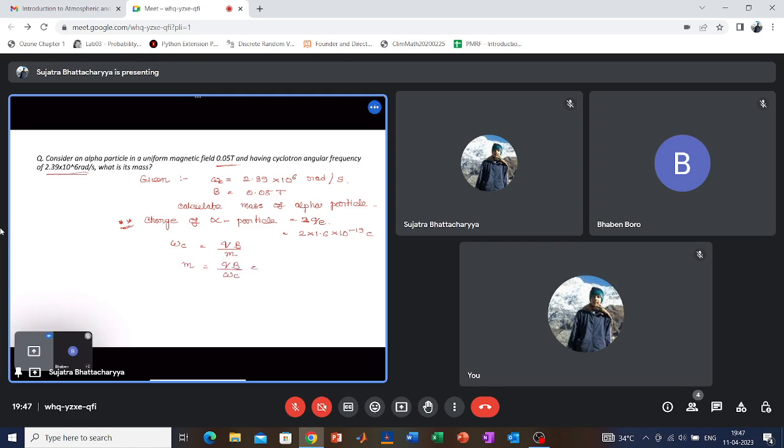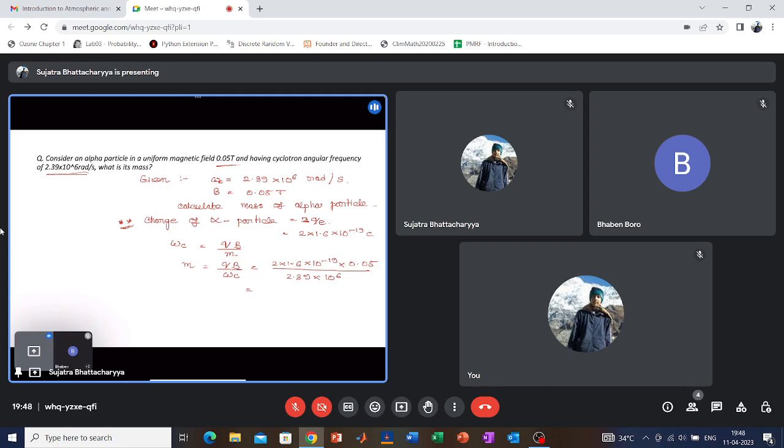So what is Q? 2 into 1.6 into 10 to the power minus 19 into B, that is 0.05, divided by the omega c, which is 2.39 into 10 to the power 6. So if you just calculate it, let's see how much it comes. So it's 2 into 1.6 into 0.05 divided by 2.39.